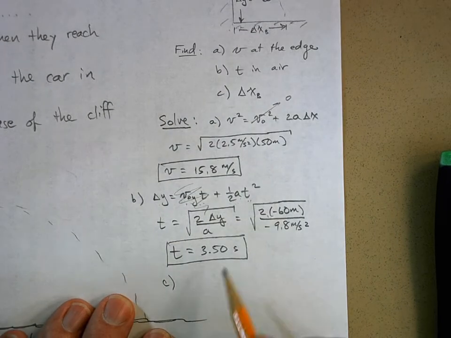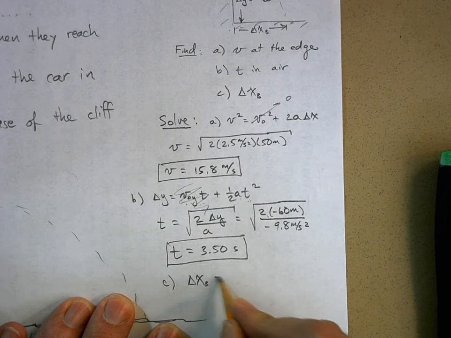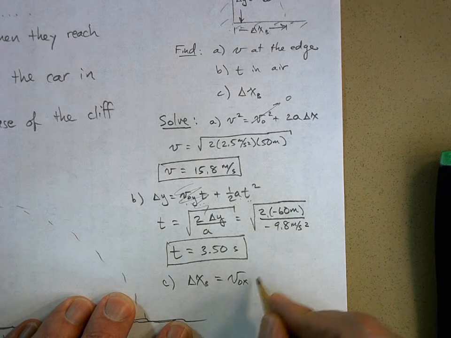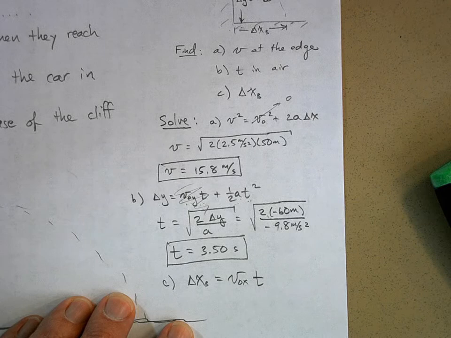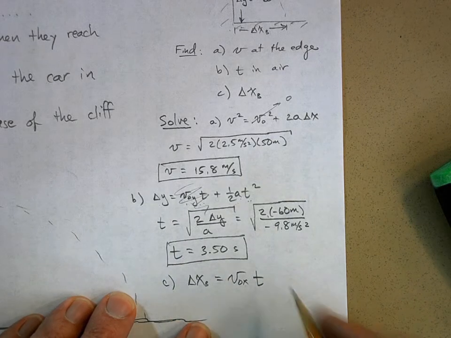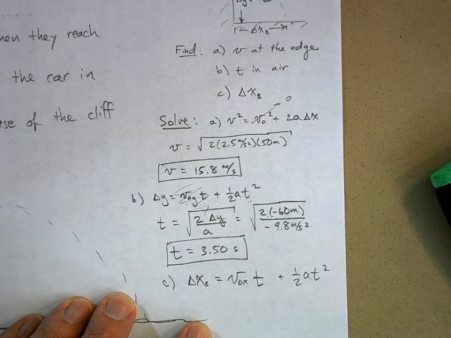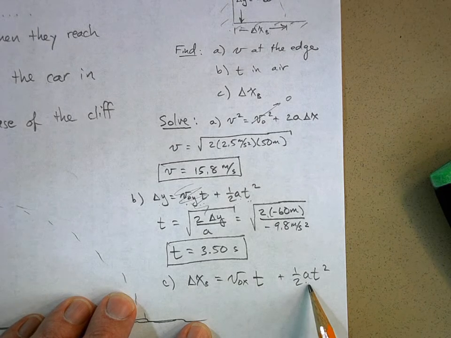Well, I know the time. Now, delta x sub b from the base is equal to the initial velocity in the x direction times time. Now, here's where a mistake some students might make. They might go plus 1/2 a t squared. And then there's 2 ways of making a mistake. Putting 9.8 meters per second squared in there, which is wrong because that's not the acceleration in the x direction.